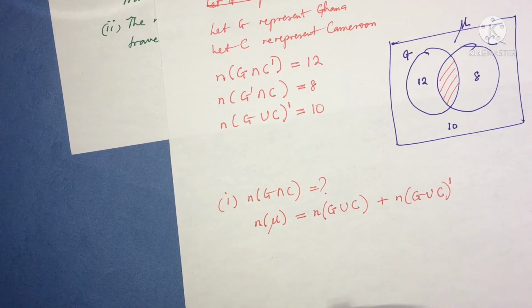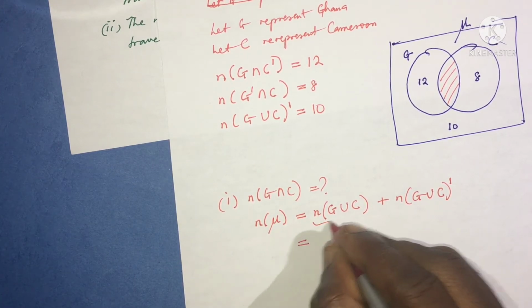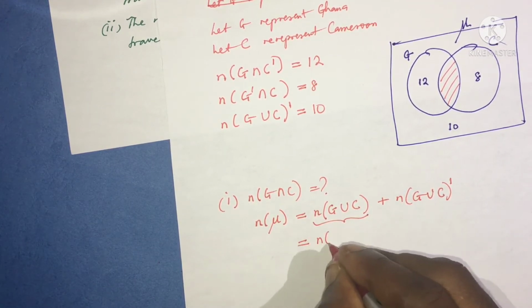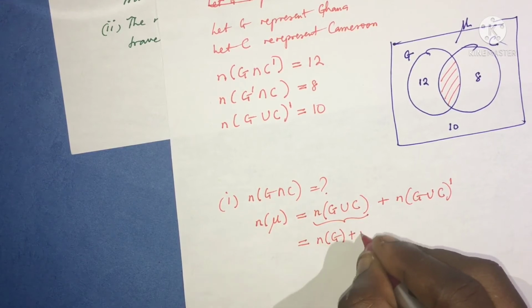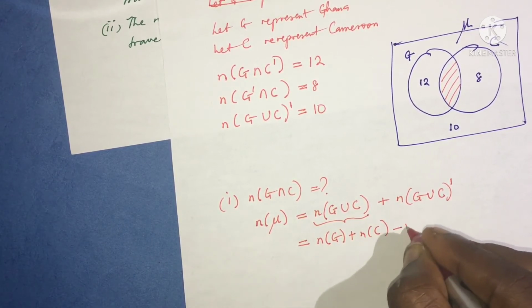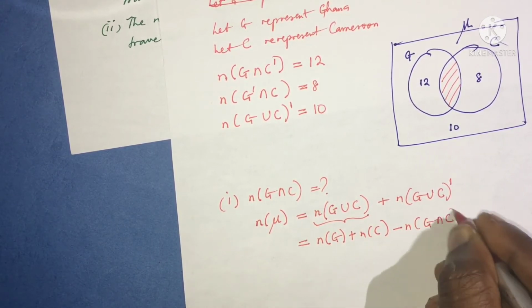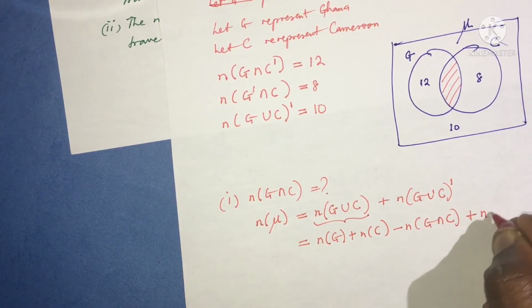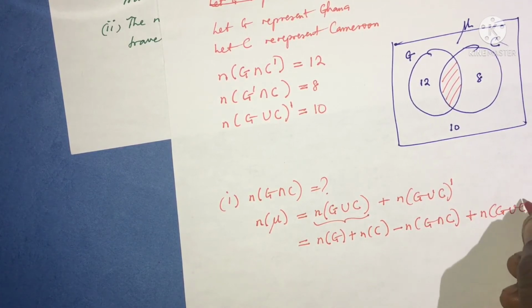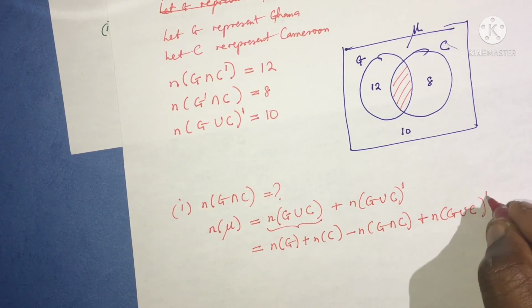Now, this n(G union C) can be decomposed to n(G) plus n(C) minus n(G intersection C) plus n(G union C) all complement.